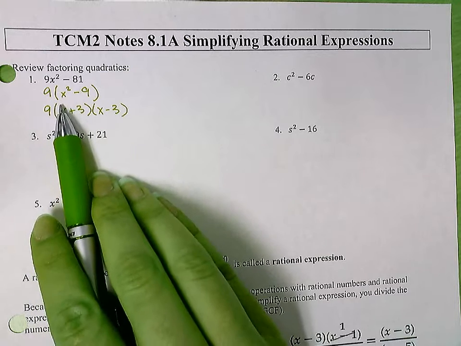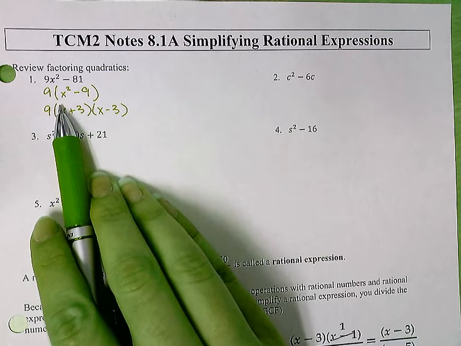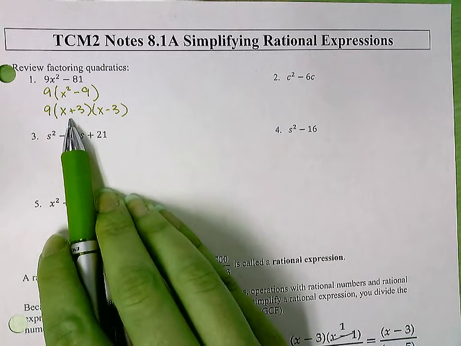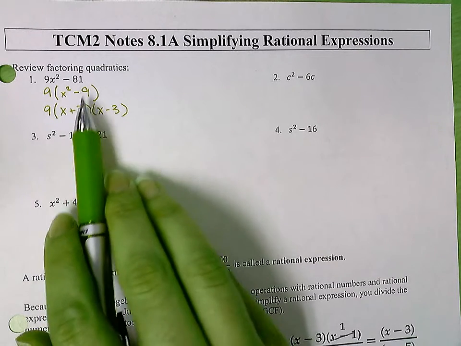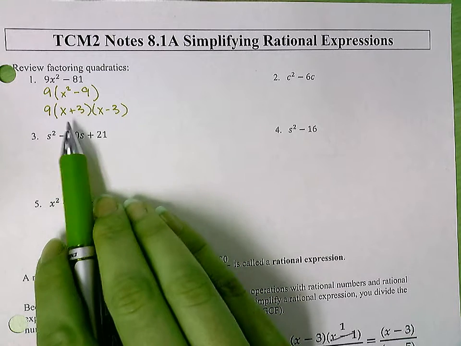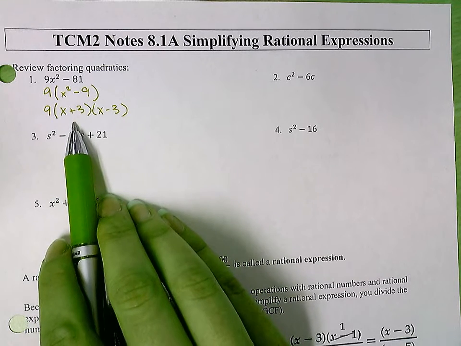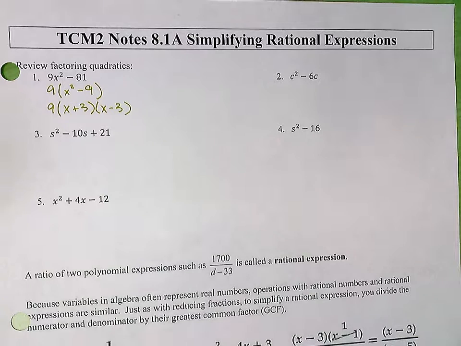So if this was x squared minus 16, I could say that's x plus 4, x minus 4. If it was x squared minus 25, I could factor that into x plus 5 times x minus 5. It's those perfect squares with the subtraction between that you can factor.